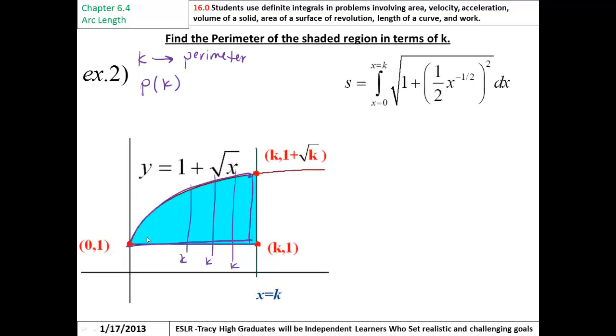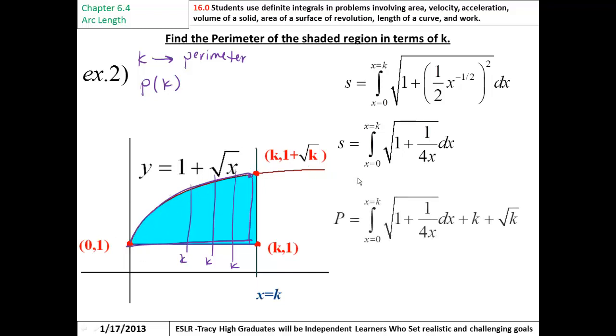Okay, so we're going from 0 to k, which makes sense. That's our x interval that we're looking at the arc length over. And so just plugging this in, doing the squaring, and simplifying that a bit, that's the integral. So that gives us this portion over here. And what we're looking for is that.